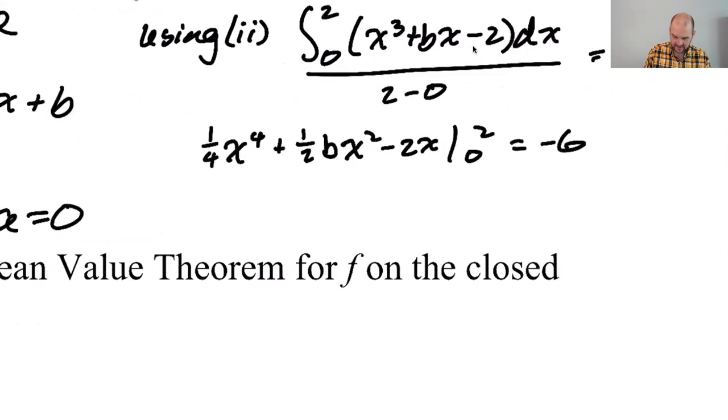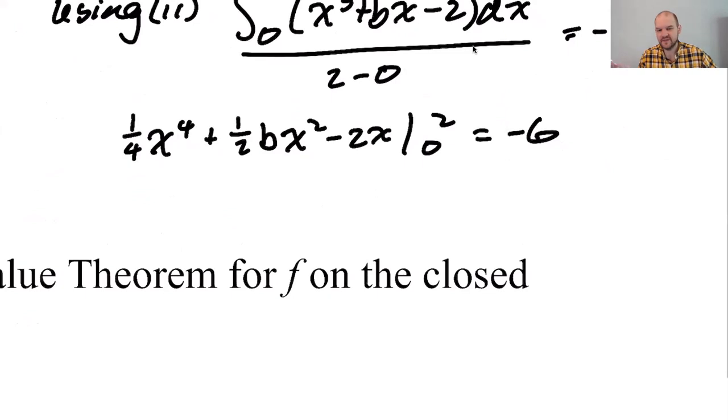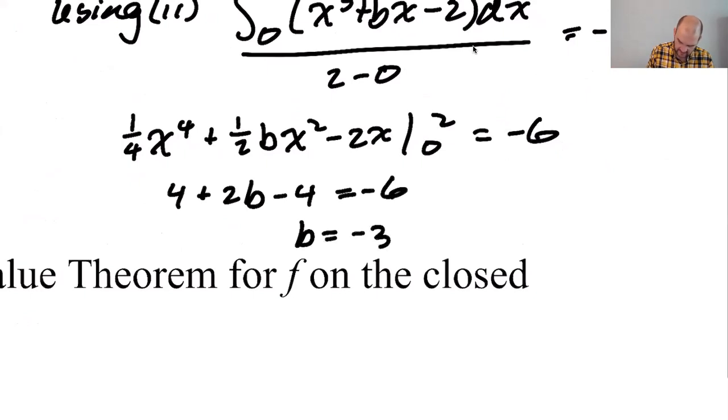I'm hoping this is not super hard. Oh yeah, the 0 makes things kind of nice. When I plug in 2, I get 16 over 4 is 4, plus 4 over 2 is 2b, minus 4. And when you plug in 0, you just get zeros, equals negative 6. So 2b is negative 6. B, I think, is negative 3.